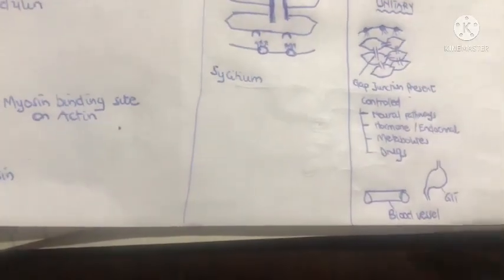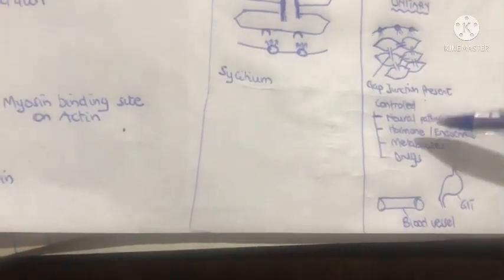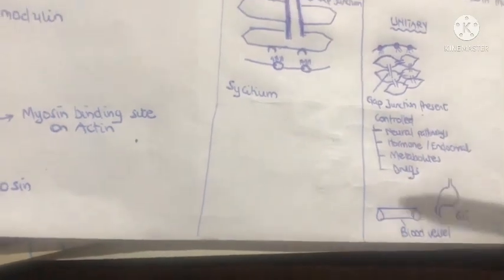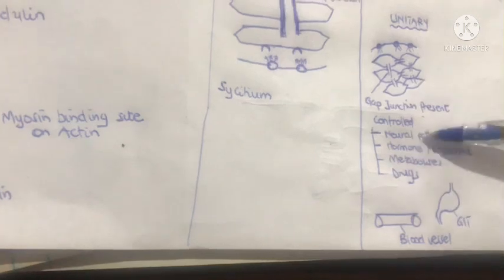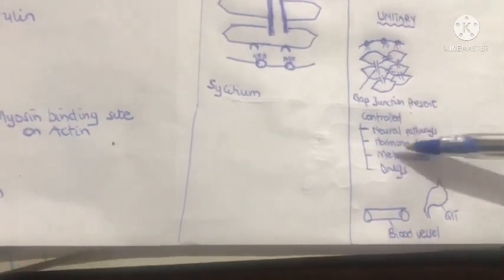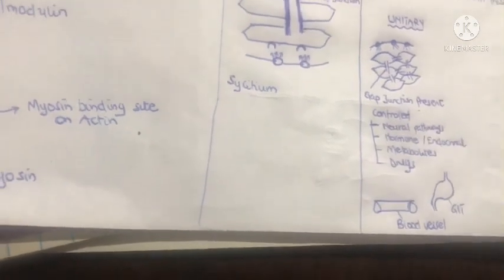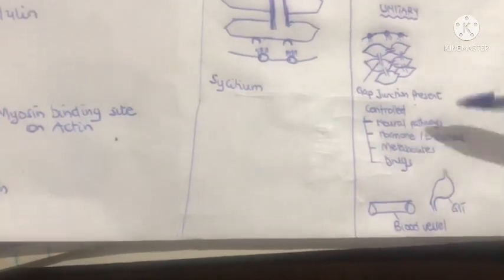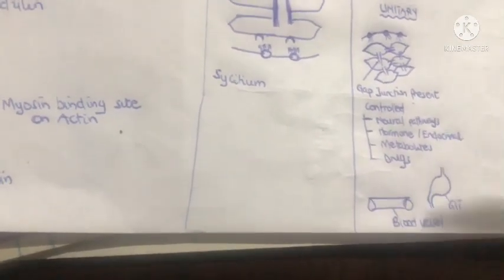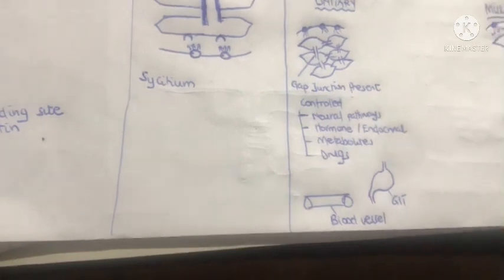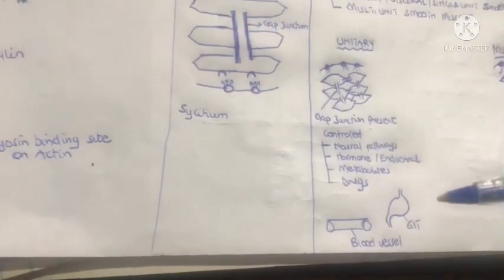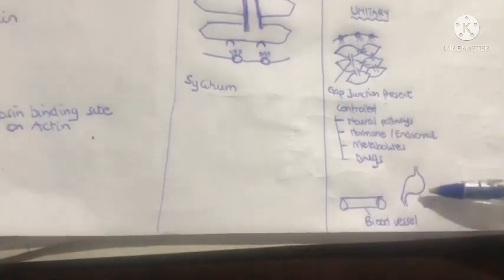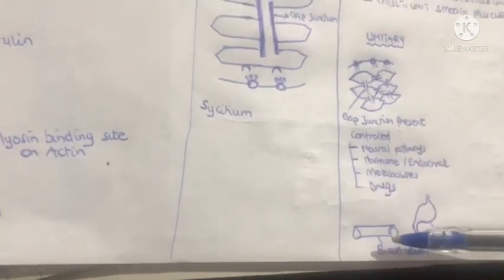They can be controlled by neural pathways, that is the nerve cell stimulating them. They can be stimulated by hormones, the endocrine pathway, and by metabolites and also drugs. These unitary smooth muscles can be found in the GIT and also in the blood vessels.